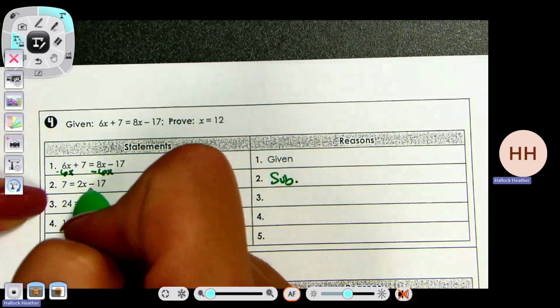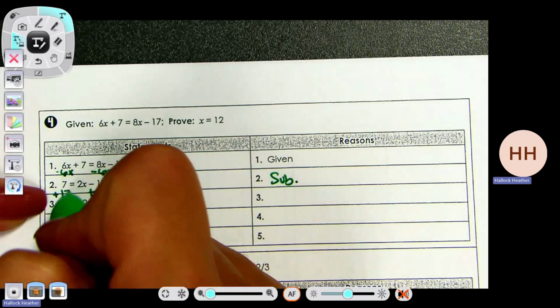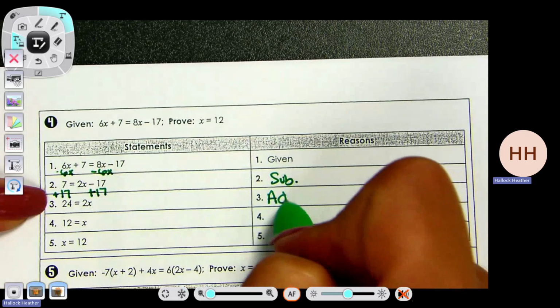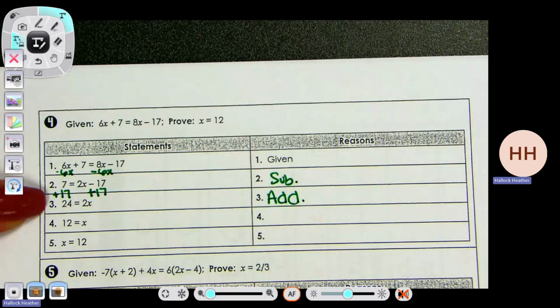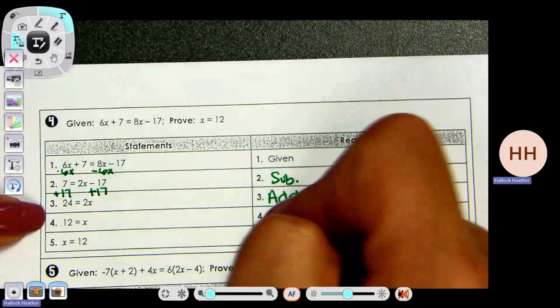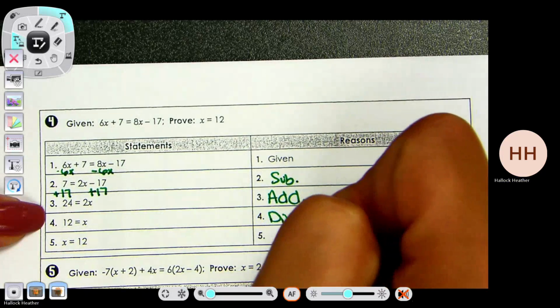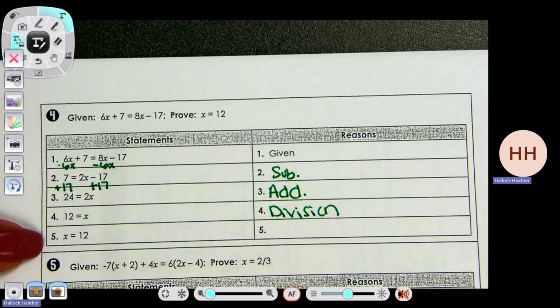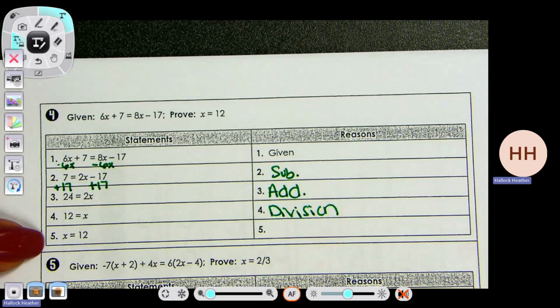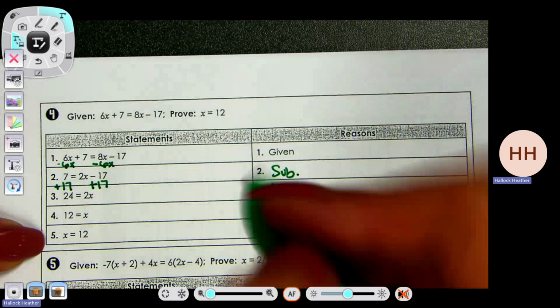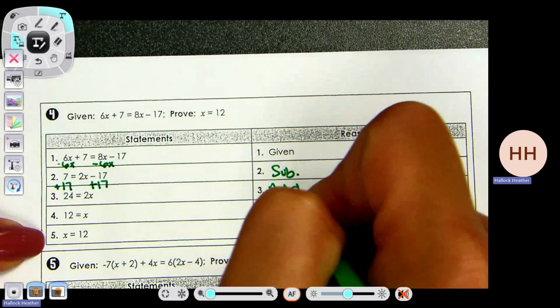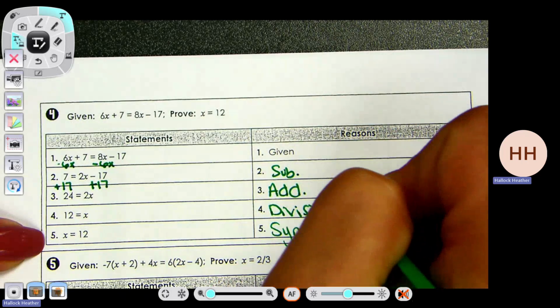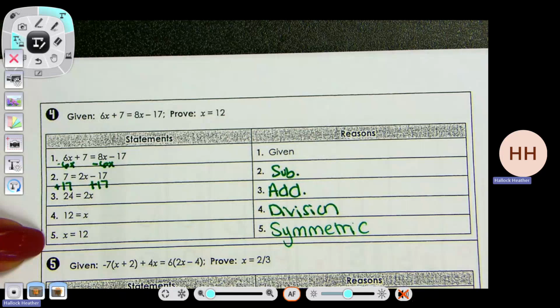Addition because they add 17, add 17. So that's addition, property of equality. And then from 3 to 4 is division. And then they rewrite it because in algebra, you should have learned that x should really be on the left-hand side, even though it means the same thing. What is that? The symmetric property. Symmetric flips it, but keeps it the same.